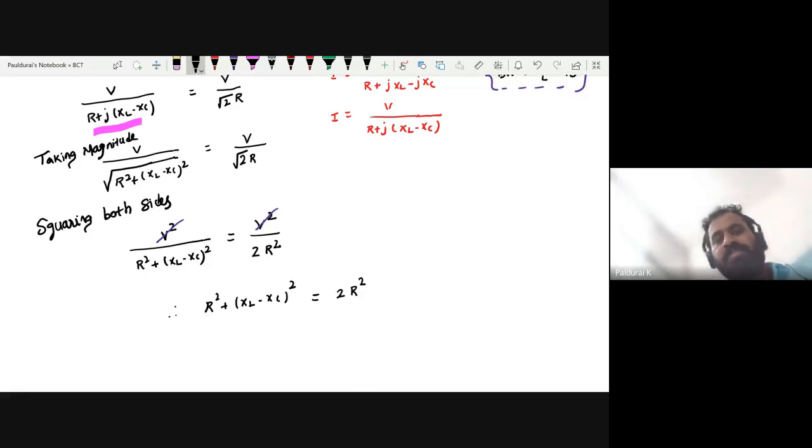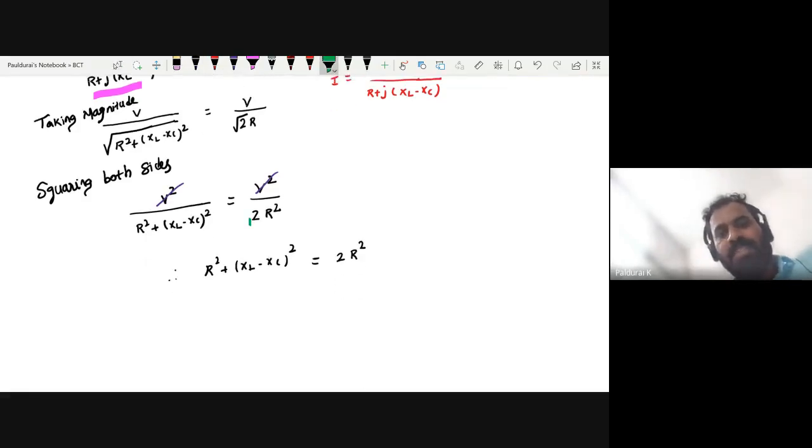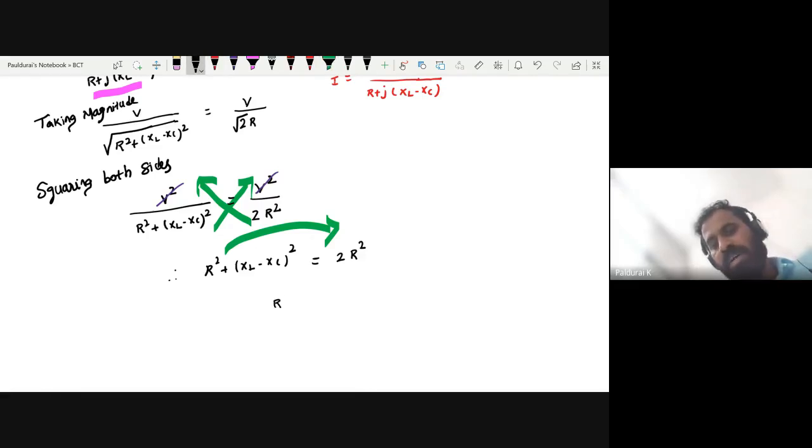Then bring this R squared to the right hand side. So you will get R squared equal to (XL minus XC) the whole squared, right?